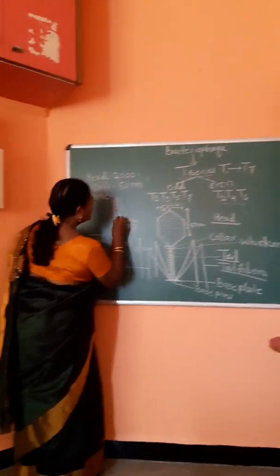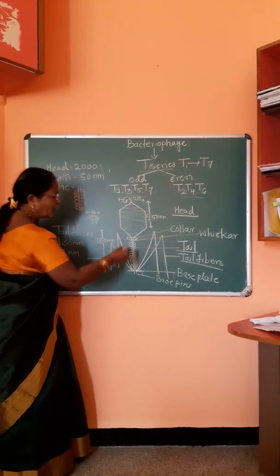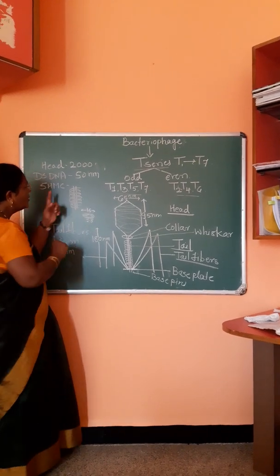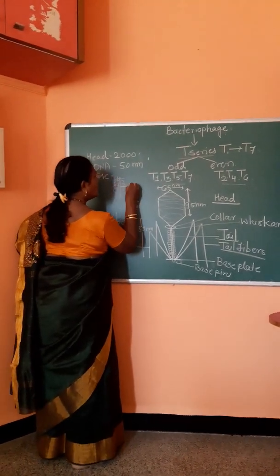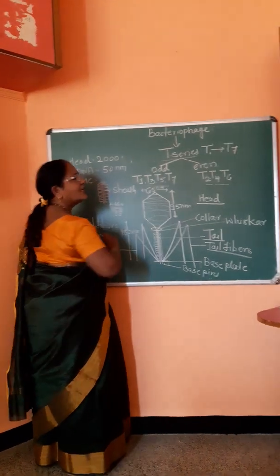You can count the 24 rings present around the tail tube. This is called a tail tube, and around the tail tube the ring-like structure is present, and that type of tail is called a sheathed tail. SHEATH, sheathed tail is present.